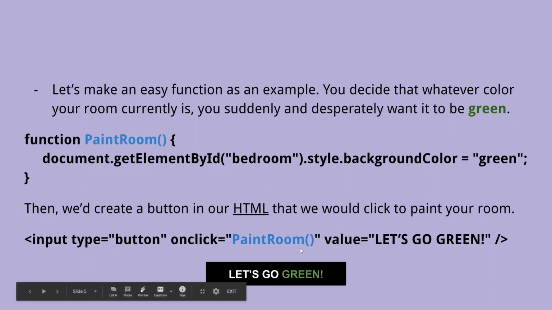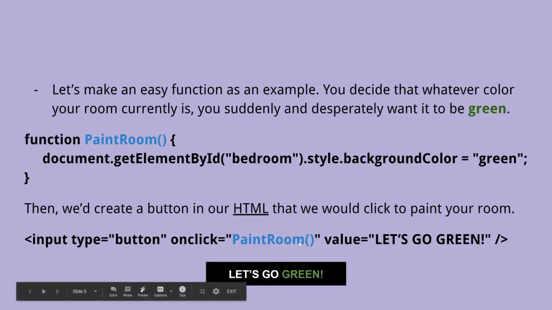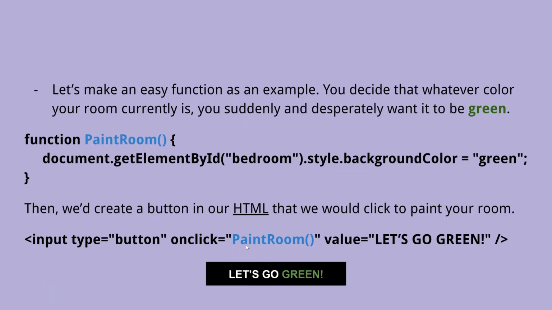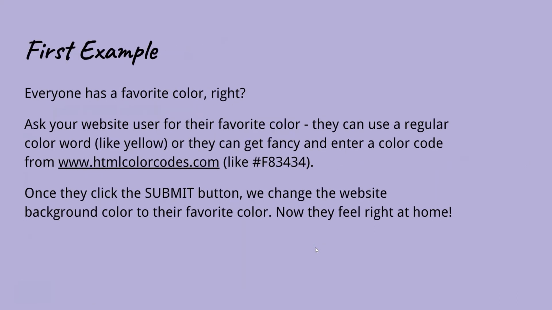The thing in the middle is the only new thing, which is to say that on the click of that button, very straightforward attribute name, I want you to call the function paintRoom. You'll see this matches up with this. So that's always how we want this to correspond when we call an onclick event, is the exact name of the function in JavaScript that we want to invoke.